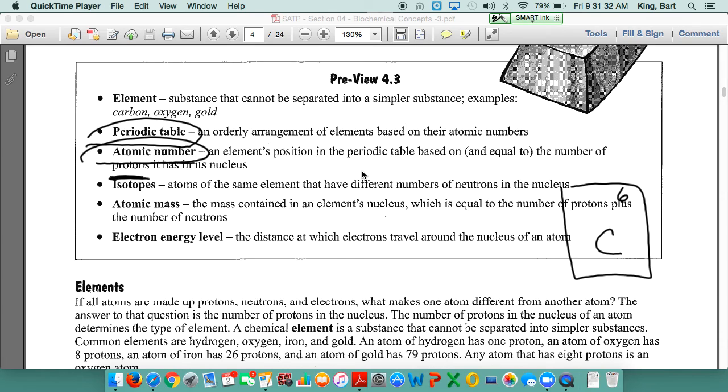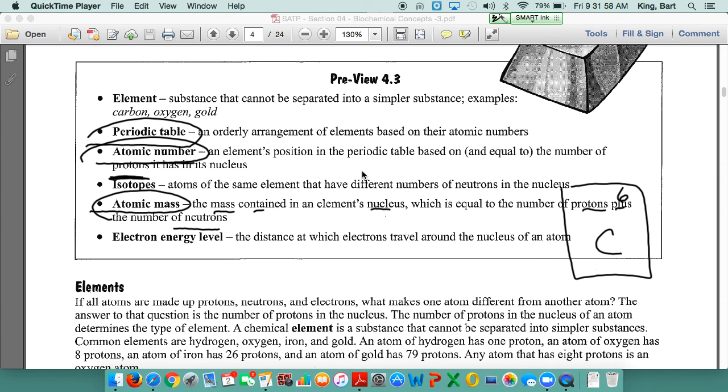The mass is what's in the nucleus. What's in the nucleus? Neutrons and protons. The atomic mass is the mass contained in the nucleus, which is equal to the protons plus the neutrons.